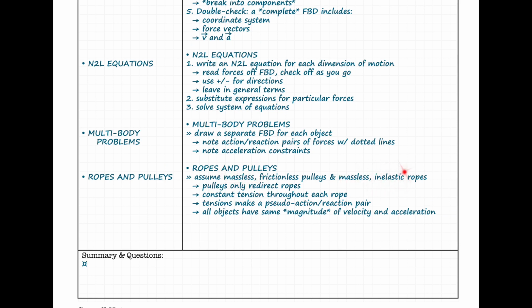Because the rope is inelastic, because the rope doesn't stretch, we can also say that we'll have that acceleration constraint that will have the same magnitude of the velocity and acceleration at either end of the rope. This gives us connections between the free body diagrams for each object, the Newton's second law equations for each object, and then we'll be able to combine all those together to solve the overall behavior.